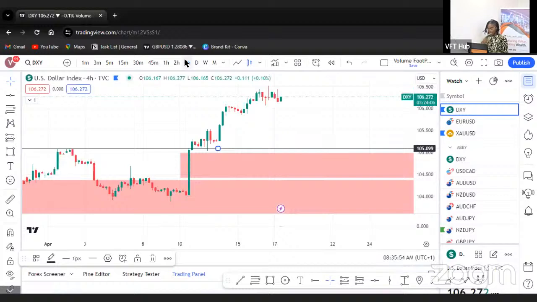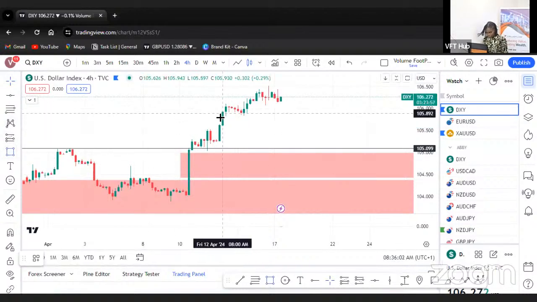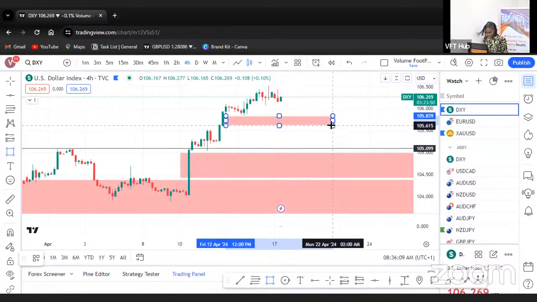Same thing for our 4-hour time frame. I expect some sort of a retracement into all of these gaps here. I'll just draw a rectangle here where I expect price coming to.